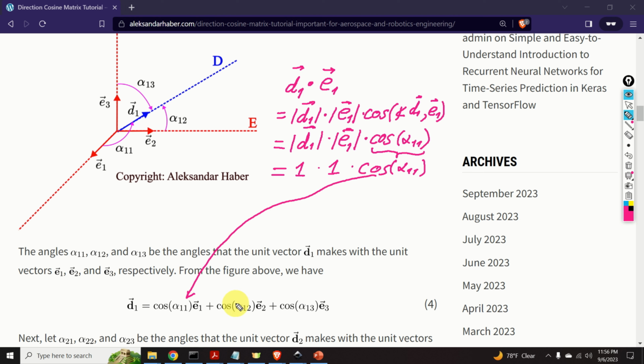Similarly, this term over here is obtained as D1 scalarly multiplying E2. And finally, this term over here is obtained by D1 scalarly multiplying E3.